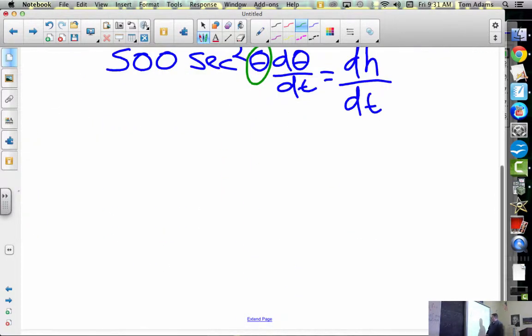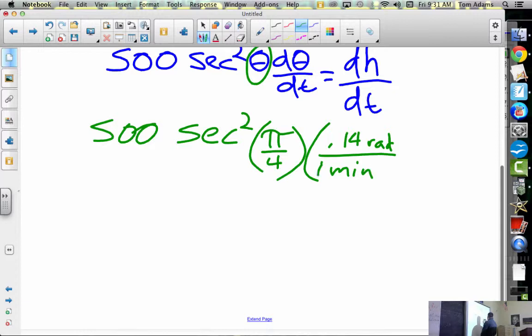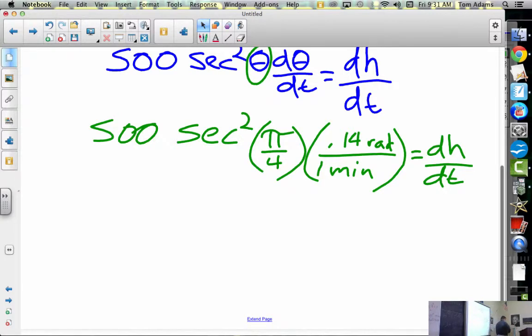Does that make sense? So let's do that. 500 times secant squared of pi over 4 times 0.14 radians per minute is equal to my change in height with respect to time. Does that make sense?